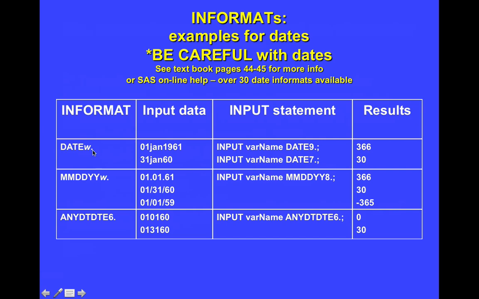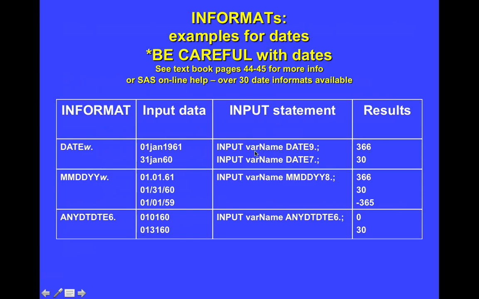And in this example, since we have 1, 2, 3, 4, 5, 6, 7, 8, 9 columns of data, we'd want to use DATE9., telling SAS this is a date and it's up to 9 columns wide. Again, you would have your input statement where you're specifying all of your variable names and INFORMATs.